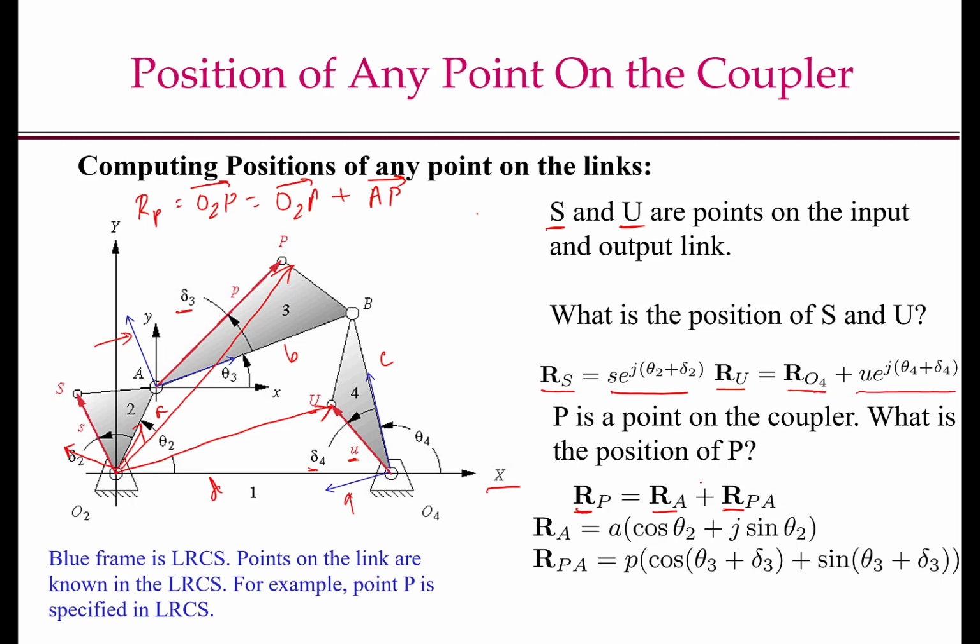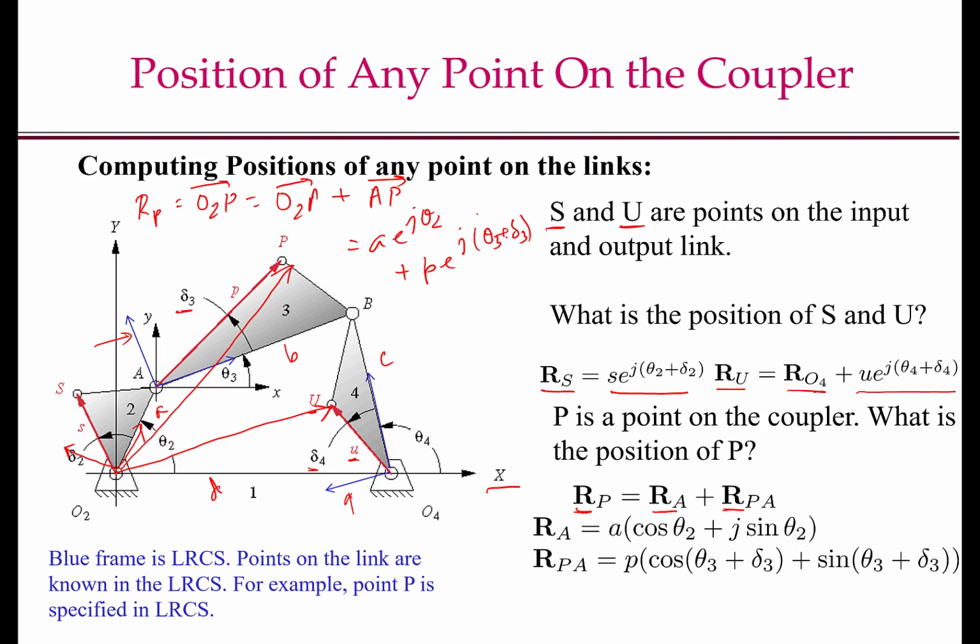Now O2A or RA is A e to the power of j theta 2, and AP is P e to the power of j (theta 3 plus delta 3).